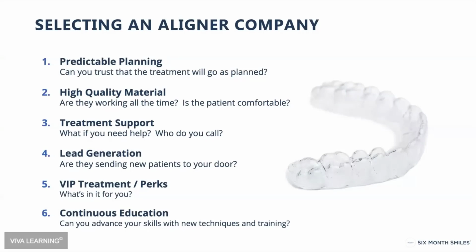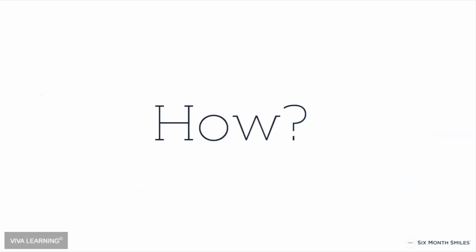And the continuous education, doing events, having, as I said, recorded webinars or live courses, hopefully soon, will definitely be a good point when selecting an aligner company. So that's the list of what you need to keep in mind.